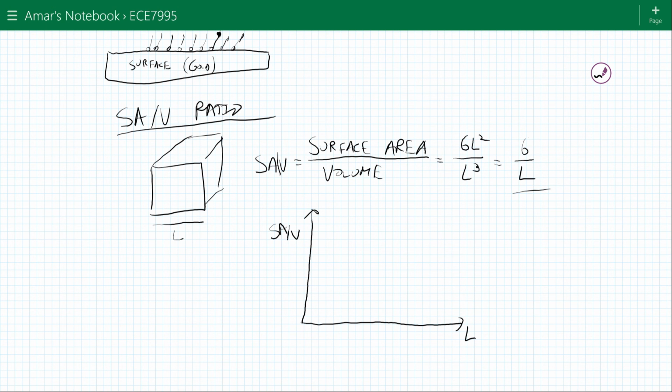So it looks something like this. As you go to the small length scale, the surface area to volume ratio is going way up. So things that are dependent on surface area will become more significant than things that are dependent on volume. This is a very important concept. This is fundamentally why physics changes at the microscale.